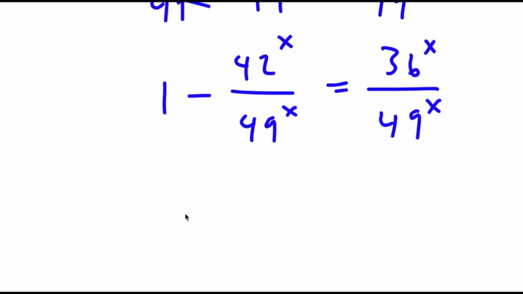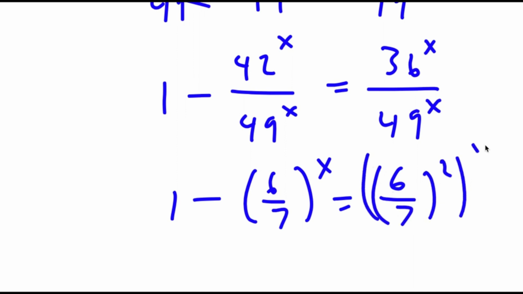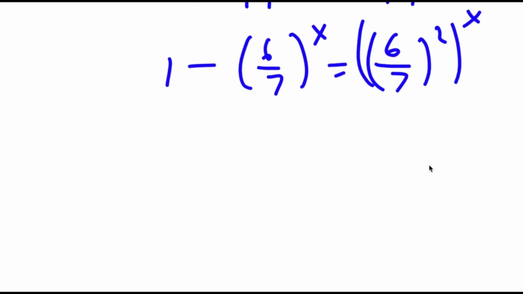Now 42 over 49, that's the same thing as 6 over 7. And 36 over 49, that's the same thing as 6 over 7 squared to the power of x. And now I can actually switch the places of 2 and x.